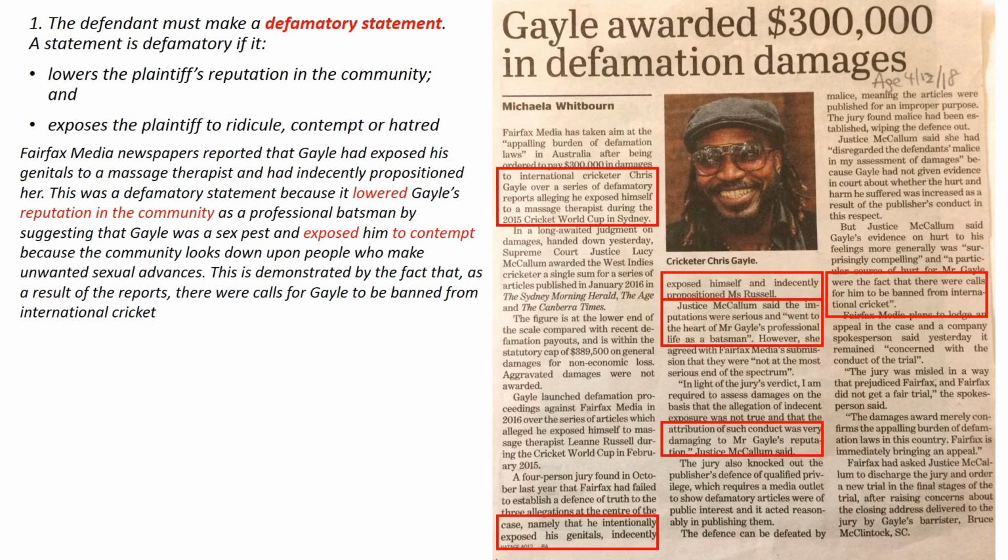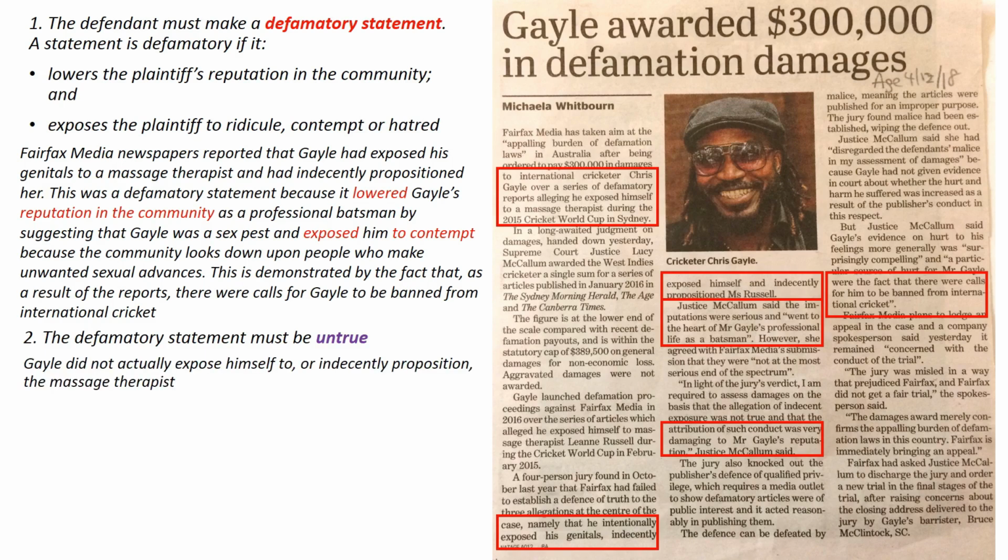The second requirement for defamation is that the defamatory statement must be untrue, which it was. Chris Gayle did not actually expose his genitals to the massage therapist or indecently proposition her. The third requirement for defamation is that the defamatory statement must refer to the plaintiff.